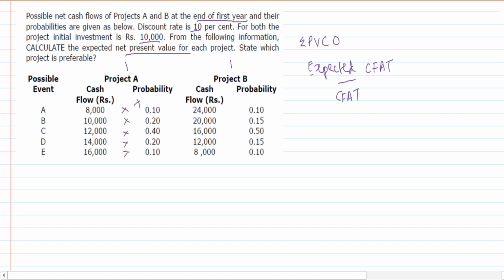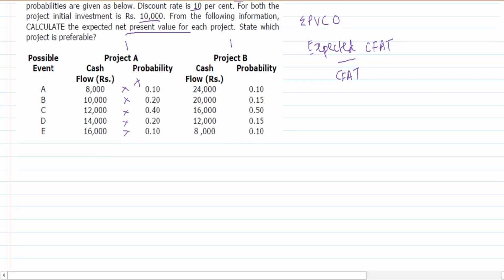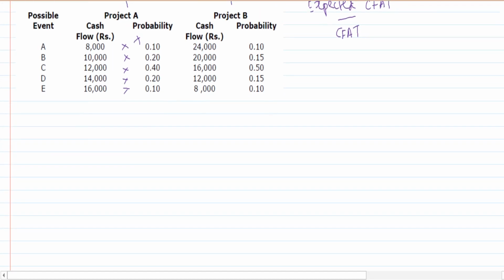That's a statistical way of writing that it is an expected cash flow after tax. We shall discount that and work out the present value. Since it's only a 1 year project, that will give us the sigma PVCI. From that, we will deduct the sigma PVCO. We will get the net present value. So let's work it out.